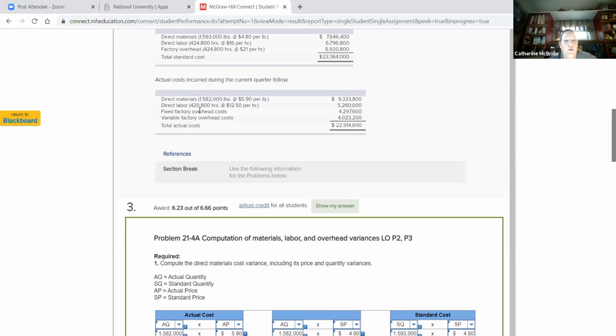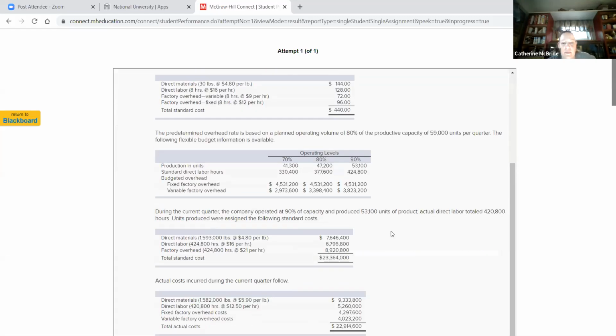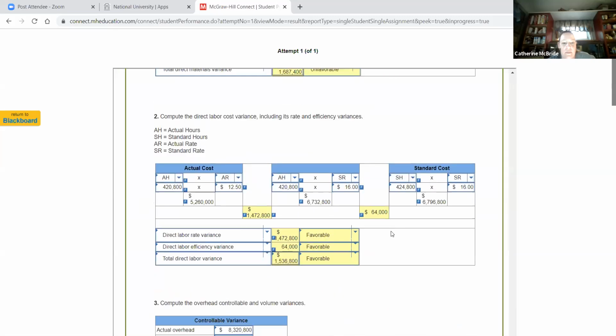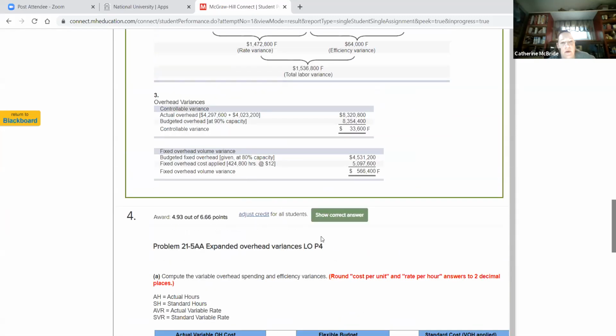Direct labor hours, 420,800. $12 per hour. $424,800.